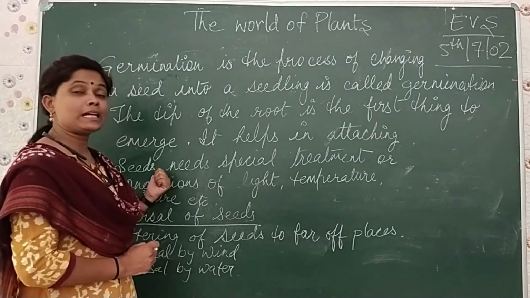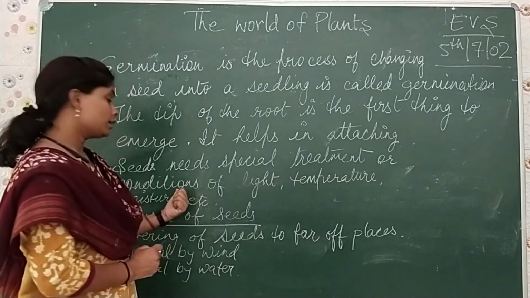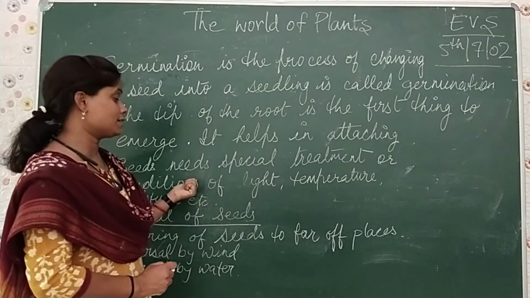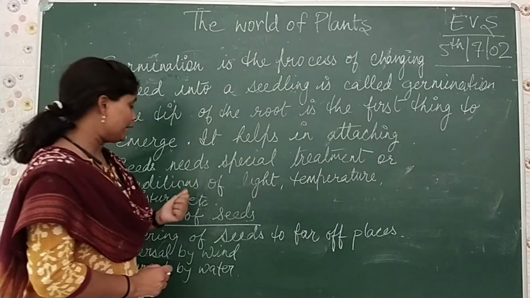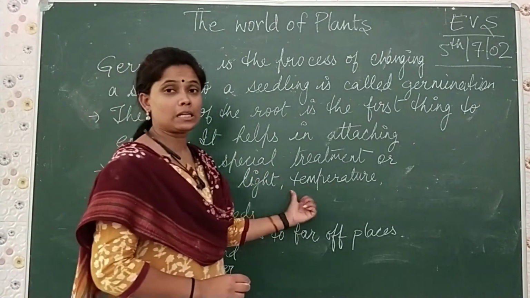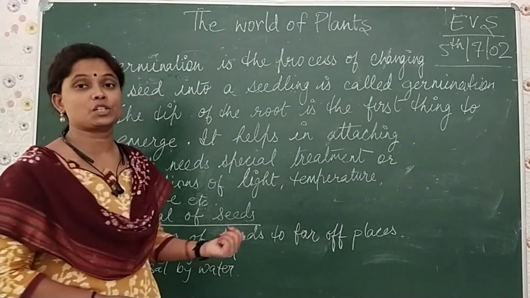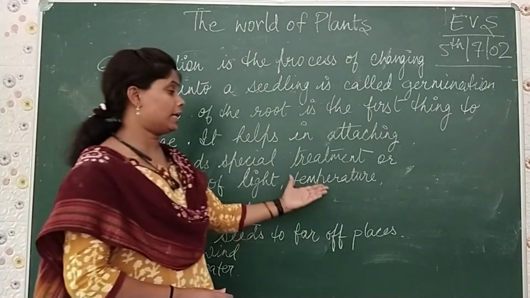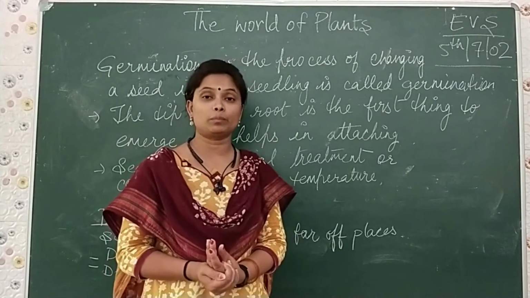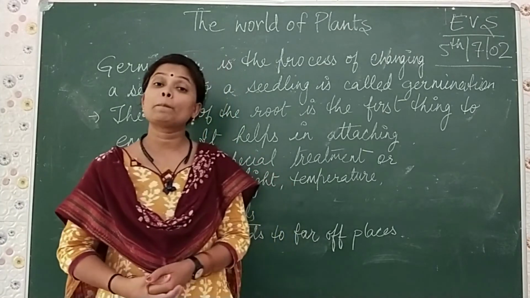Next, seeds need special treatment or conditions. They need some special conditions to grow, like good light as well as good temperature, moisture, etc. If any of them is missing, the seeds cannot grow into a good or nutritive plant.